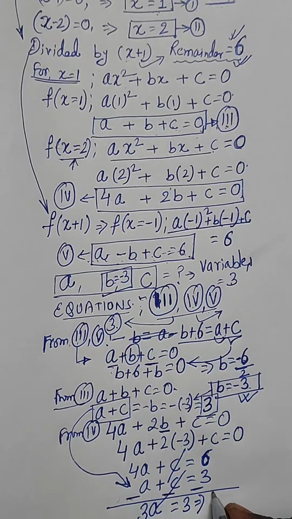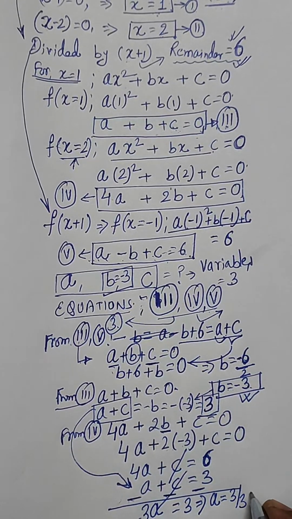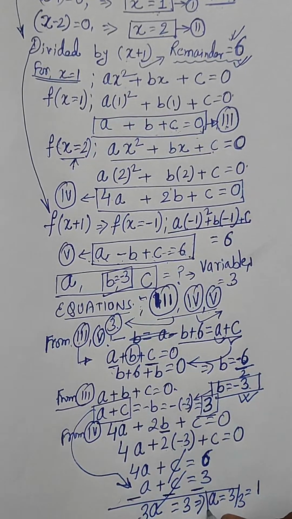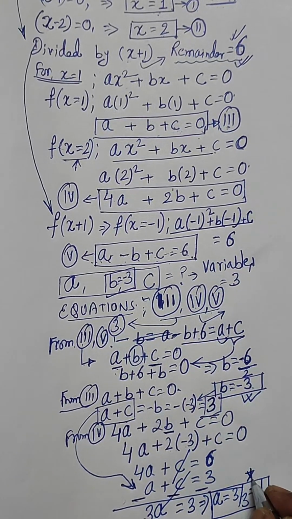So this will give you the value of A as 3 by 3, which is equal to 1. So the value of A is calculated as equal to 1, my dear friends.